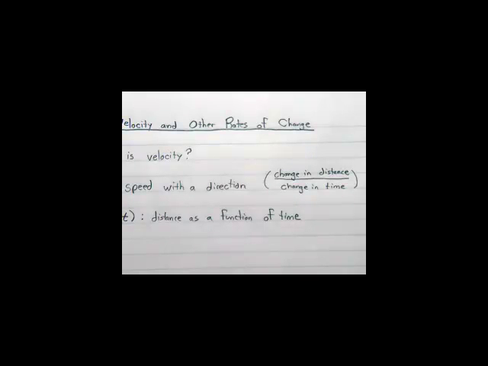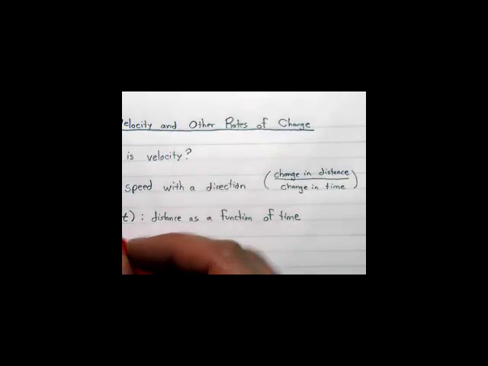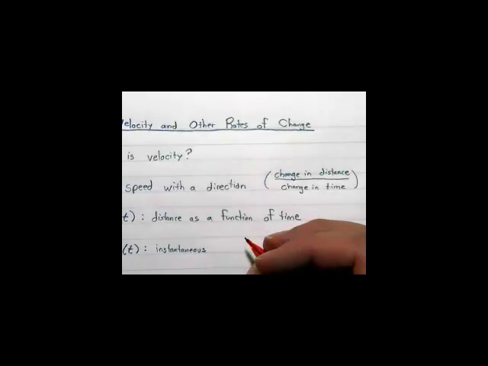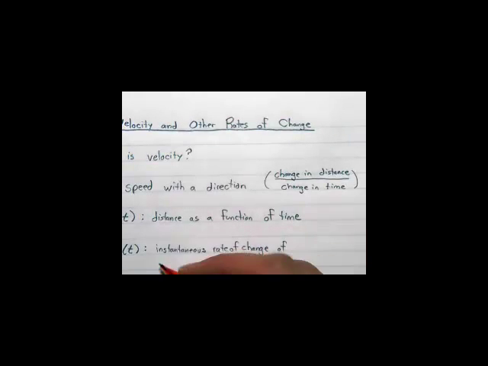So s is like the distance, t is measuring the time. Okay, so if I did the derivative of s, so that would be the instantaneous rate of change of distance per unit time.